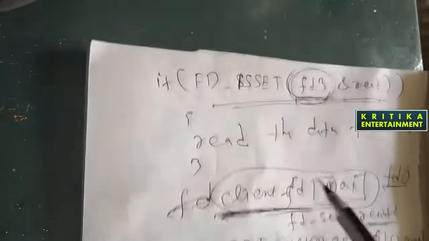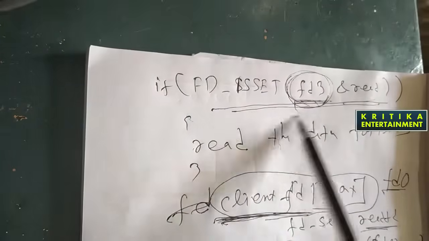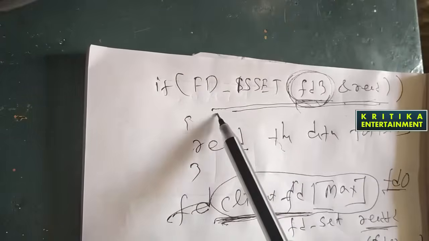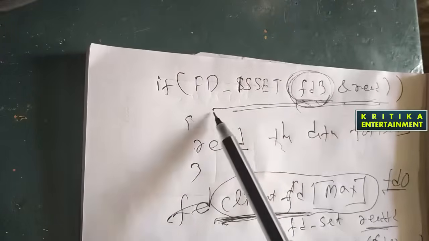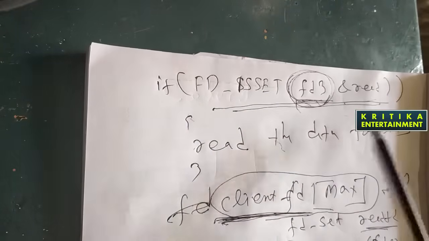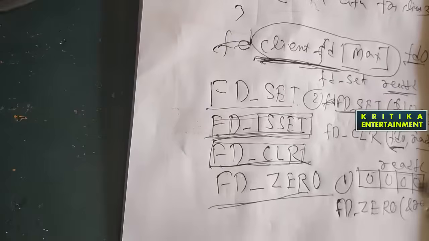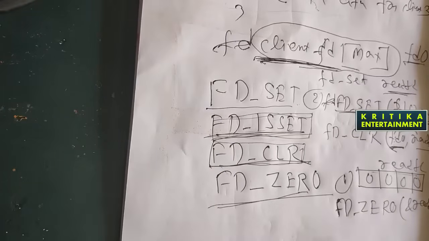Like this I have told you. You can go back in the video some time to check the slide. These are the functions I have used in IO multiplexing.